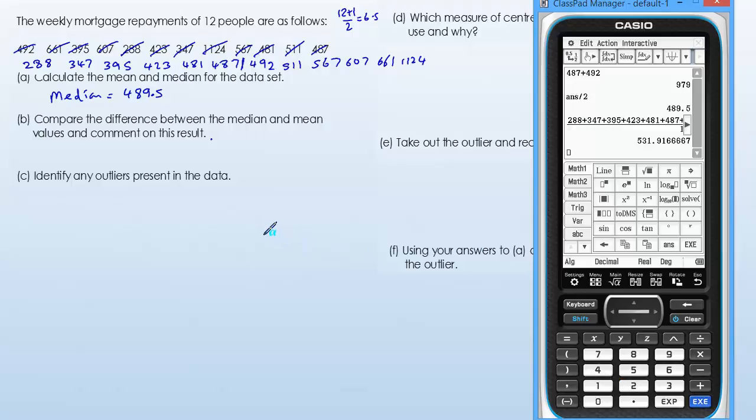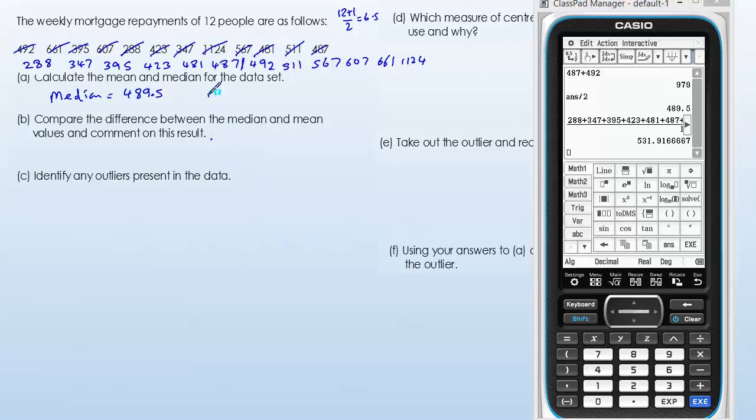And that gives us 531. So these are dollars, aren't they? So it's 531.92. This is dollars as well over here.